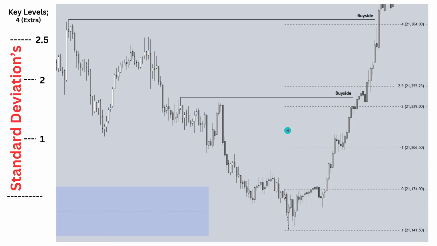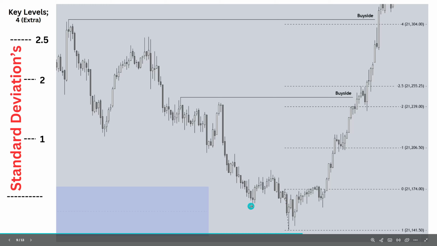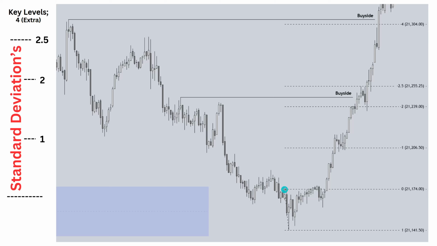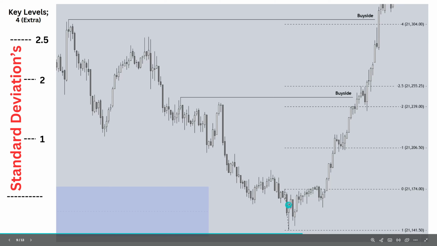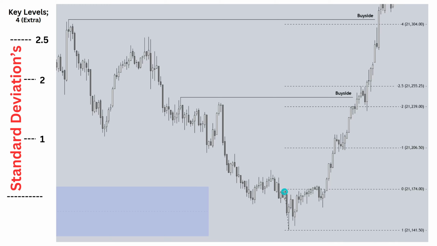So we draw our standard deviation from the manipulation leg that occurs to take sell side or buy side. In this case, we've tapped into our higher time frame point of interest, and it's the high that was made just before it ran lower to take that sell side. And you can see in this case it is that high there.